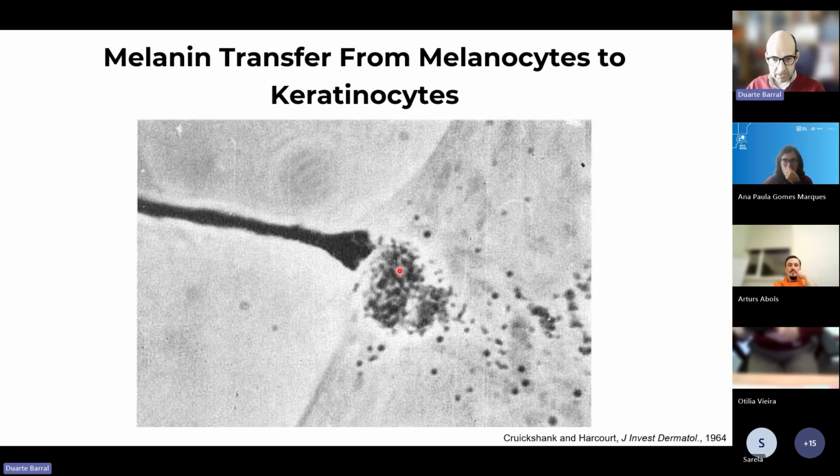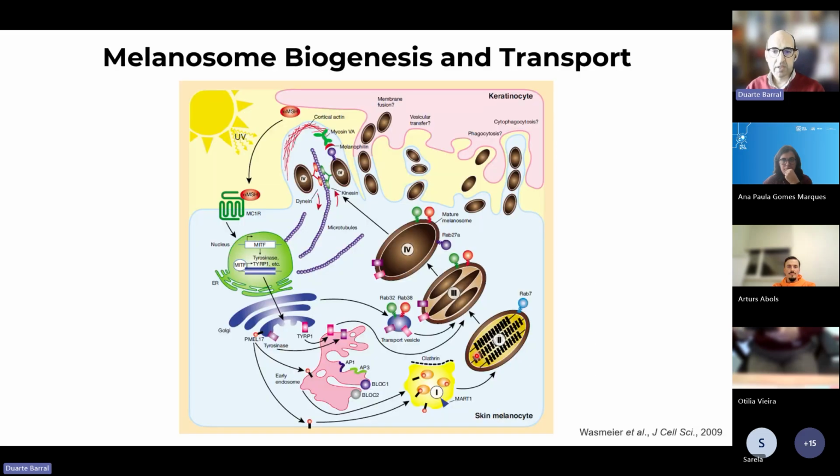We've studied this in the past, and we are still studying it, from the secretion to the internalization to the processing of melanin inside keratinocytes. This is an old schematic, but you can appreciate that we still know much more of what happens inside a melanocyte, here in blue, than what happens inside the keratinocyte. The transfer process has remained elusive for many years until recently.